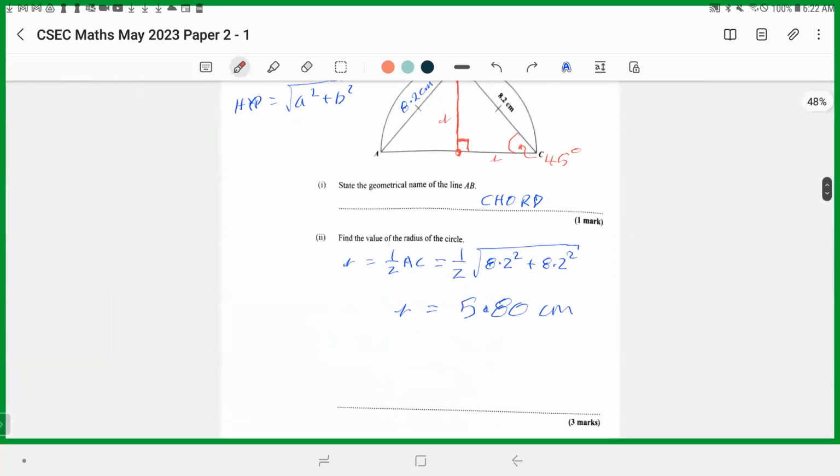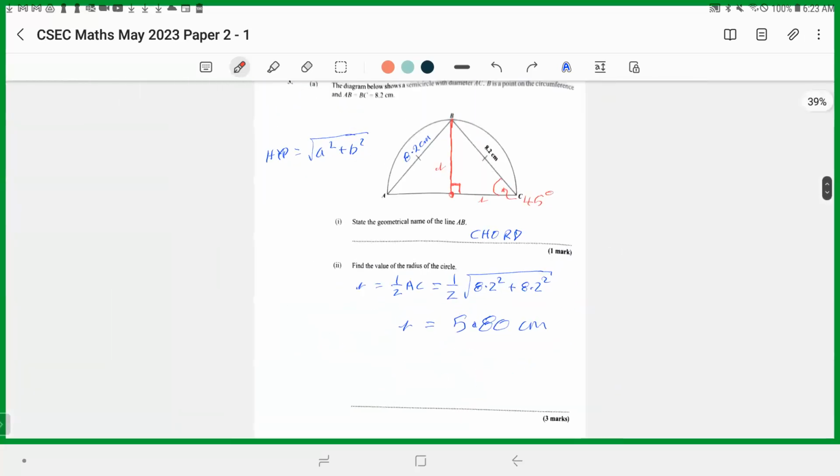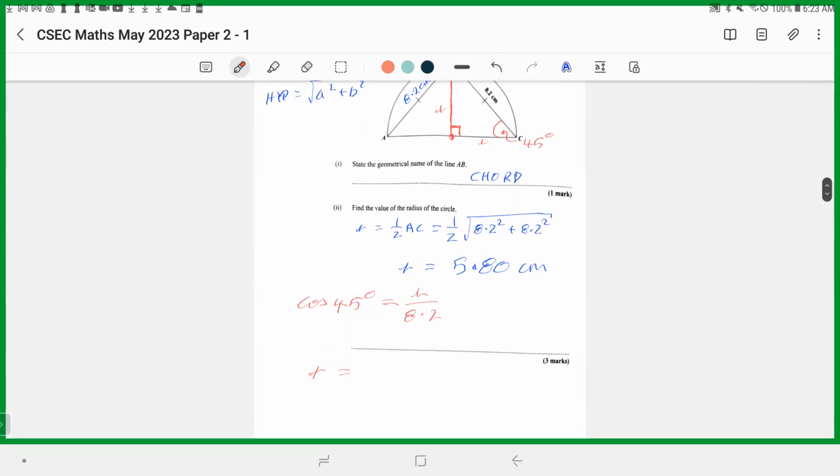Using this trick to calculate it, we could say the cos of 45 degrees equals adjacent, which is r, radius, over hypotenuse, which is 8.2. And then to get the r, we would multiply the 8.2 over here. And so the r, radius, would be 8.2 times the cos of 45 degrees.